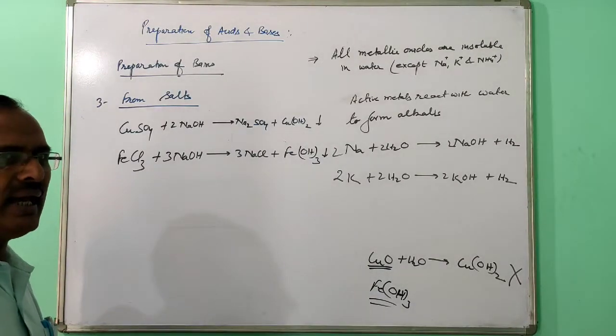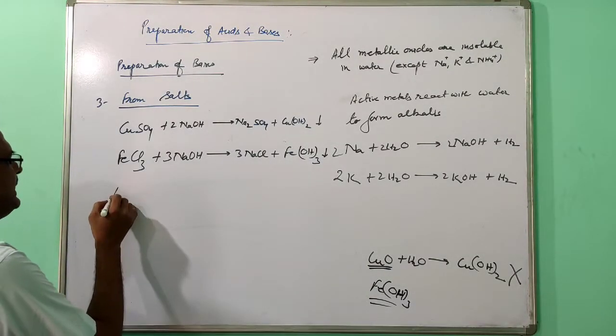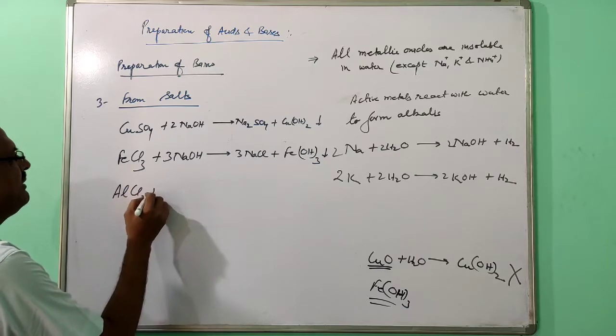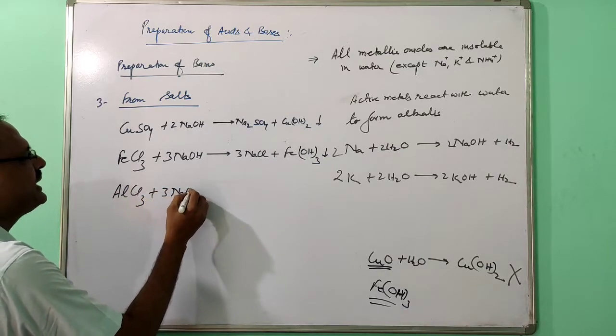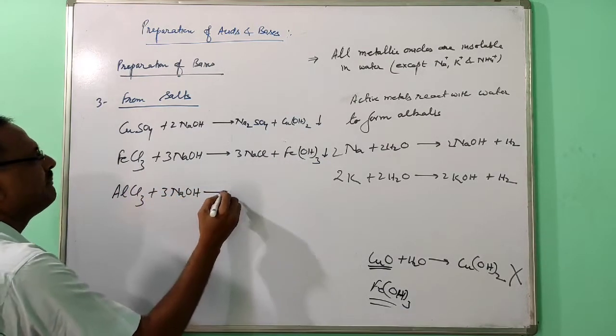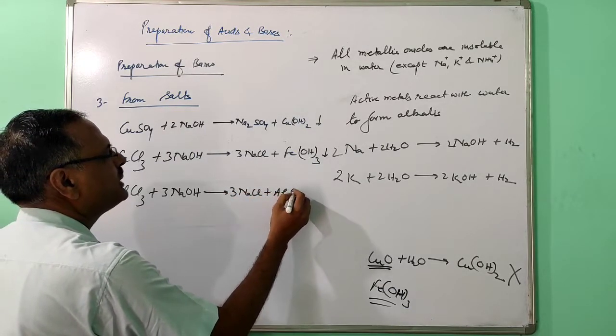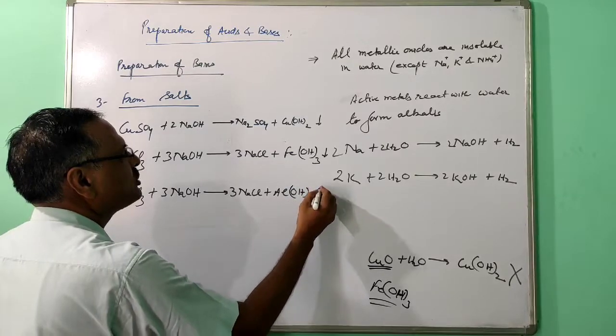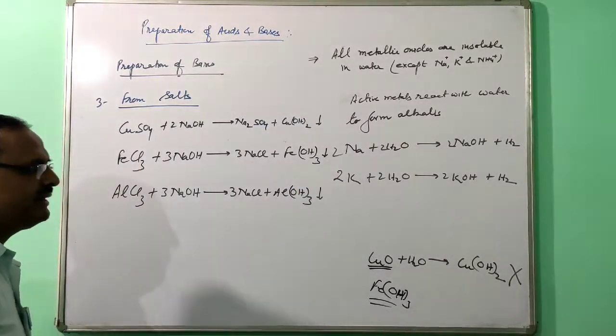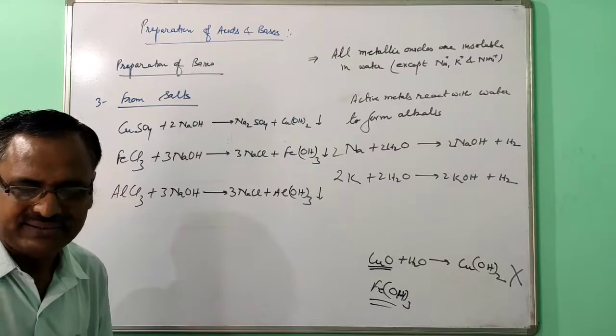If you want to prepare aluminum hydroxide, you can take aluminum chloride and react with strong alkali, that will form sodium chloride and aluminum hydroxide. So in this way, you can prepare these insoluble bases.